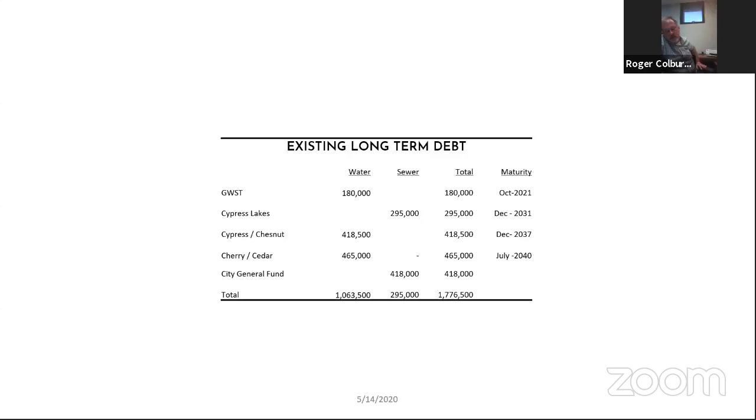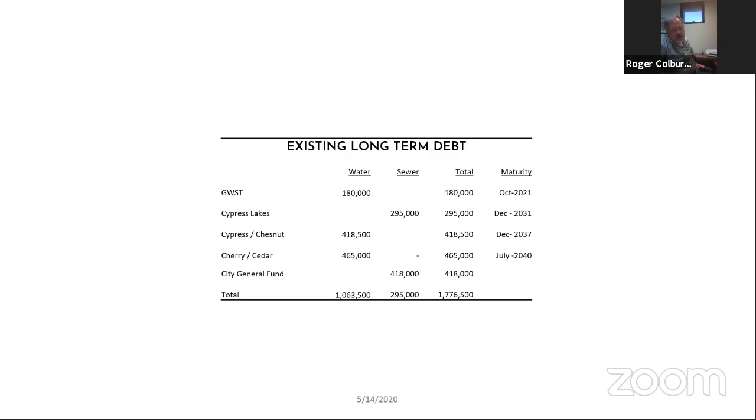The city has been gracious over the years, and it's grown the water system 100,000 every year to basically cover that debt service payment. This year we're going to be 20,000 over that to take care of. It's going to have to come out of cash.